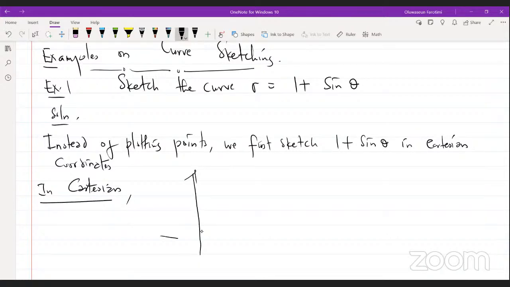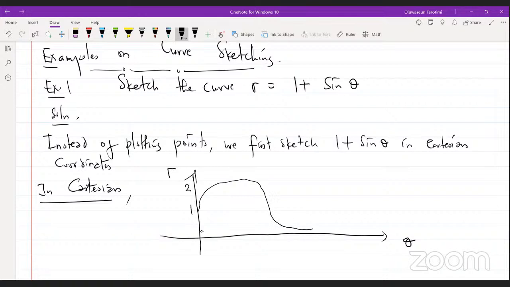In Cartesian, this is my r and theta. Let's call this guy 1, 2. In Cartesian coordinates, you're going to have this geometry. This is pi over 2. Okay, when theta is pi over 2, what happens? Sine pi over 2 becomes 1. 1 plus 1, you have 2. That's why we have this point here, right?